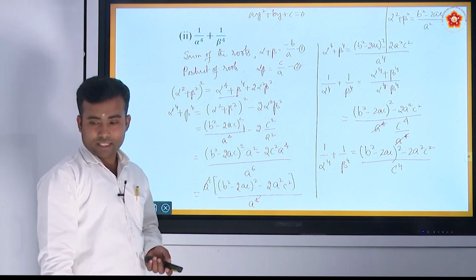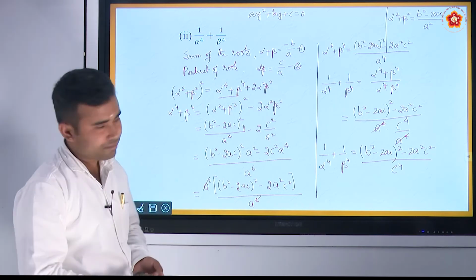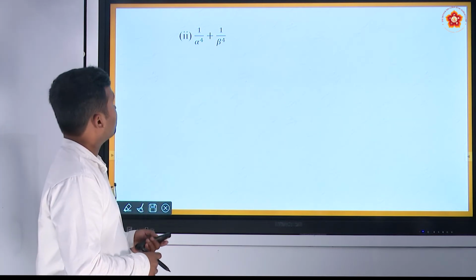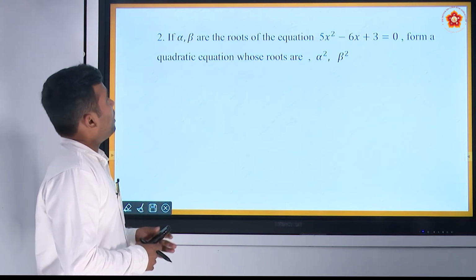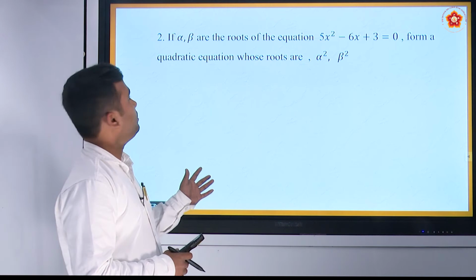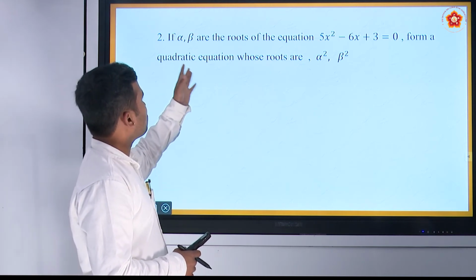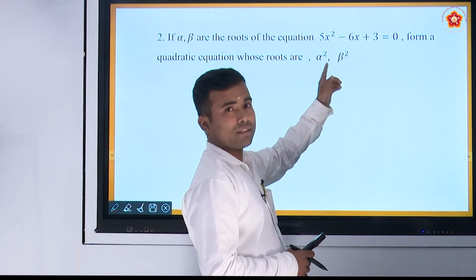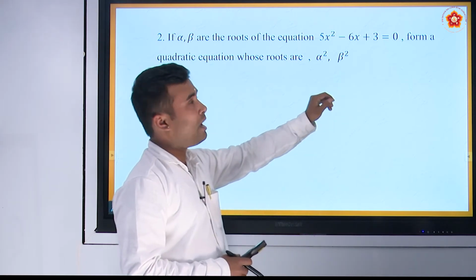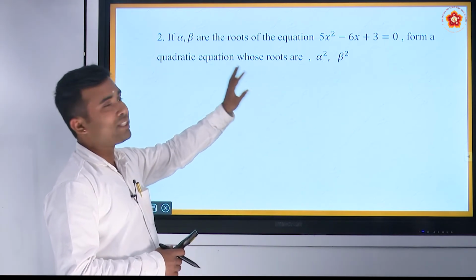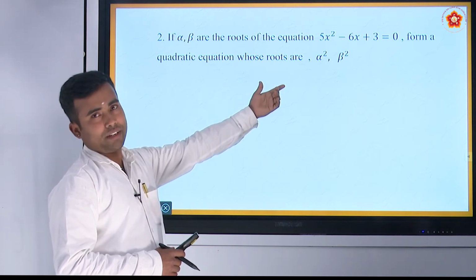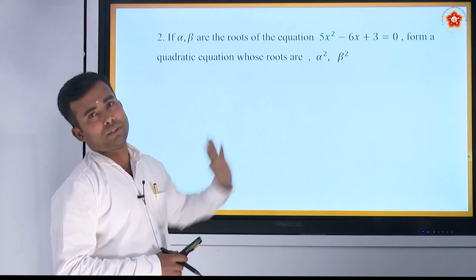We move on to the next example. Yes, this is an important one. If alpha and beta are the two roots of the quadratic equation 5x square minus 6x plus 3 is equal to 0, from this I have to form a quadratic equation. Already the two roots are given here, that is alpha square, beta square.